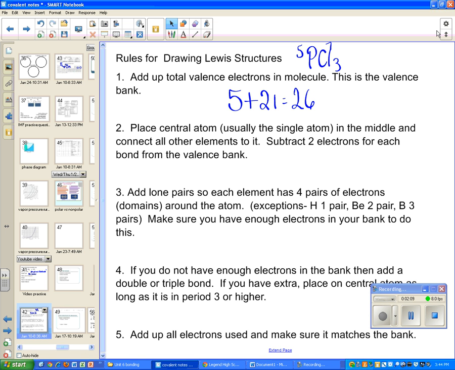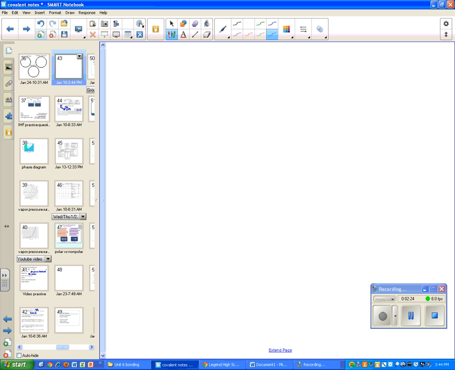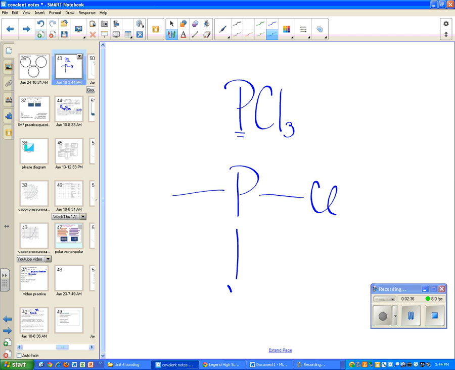To do that, I'm going to move to step 2. It says place the central atom, and this is usually the one that has only one of them. I'm going to do this on a new page. So I have PCl3. I need to decide who's my central atom. Well, I only have one P, so that's usually the winner. I'm going to put P in the center and connect the 3 chlorines to the central atom.